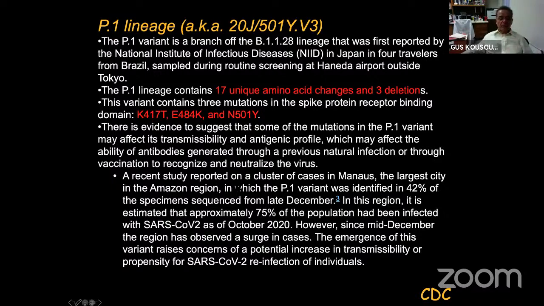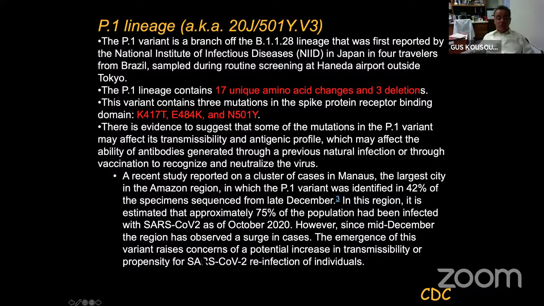But a recent study reported on a cluster of these cases in Manaus, the largest city in the Amazon region. And in this region, it is estimated approximately 75% of the population had been infected with SARS-CoV-2 as of October 2020. And perhaps this high level of infection led to this variant being selected much quicker than it would be in other parts of the world.